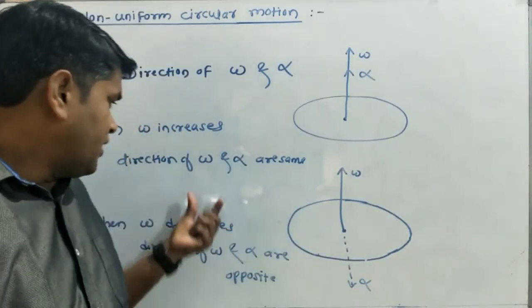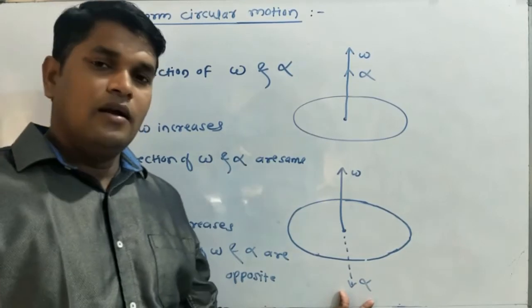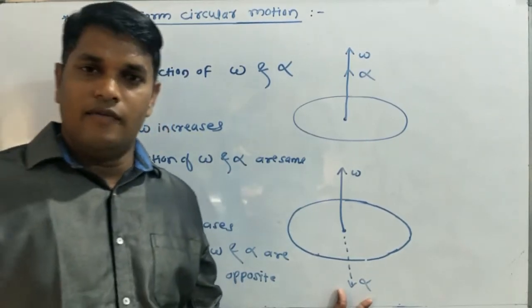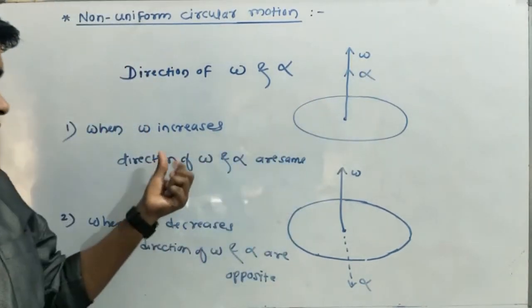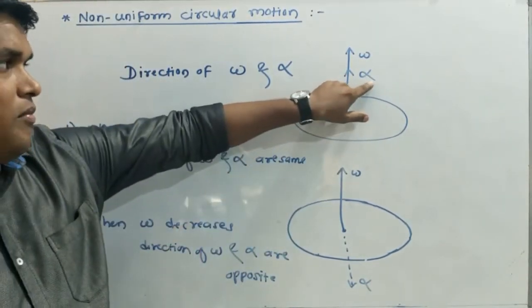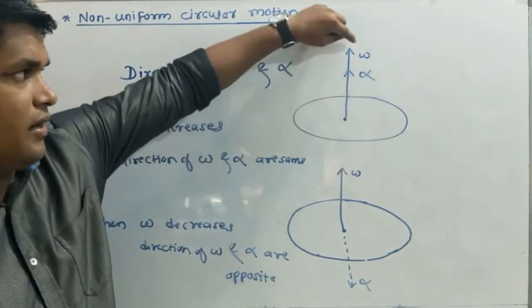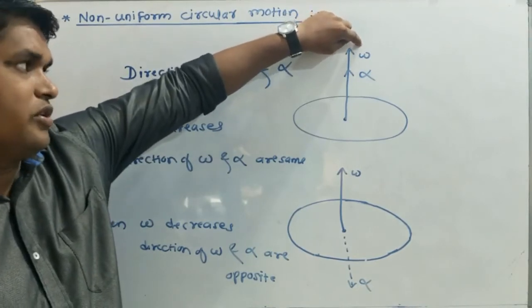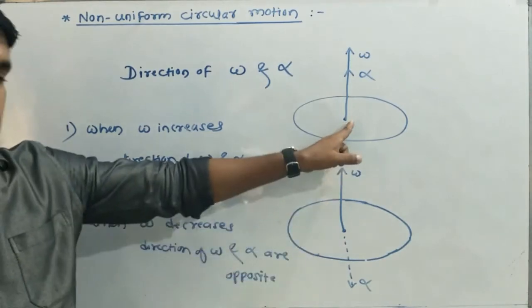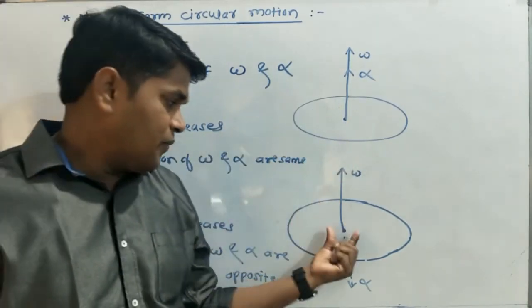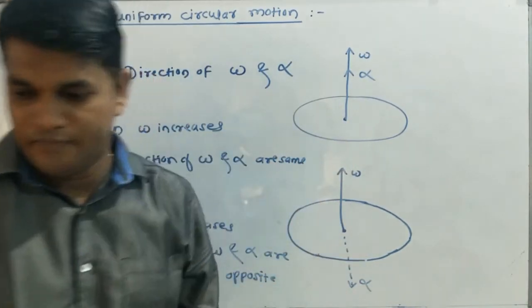Understood? Omega decreases because of the opposite direction of alpha, and omega increases because the direction of alpha, that is angular acceleration, and the direction of omega, that is angular velocity, are the same. So the speed or omega increases when the fan is switched on, and decreases when the fan is switched off. Understood?